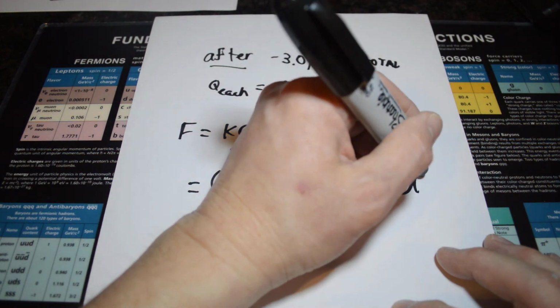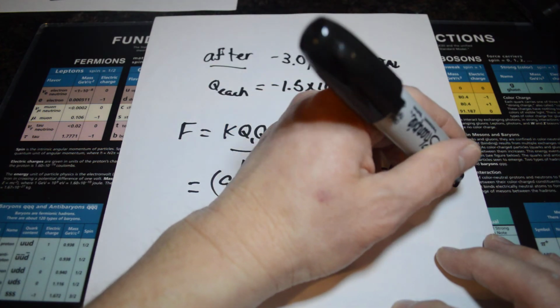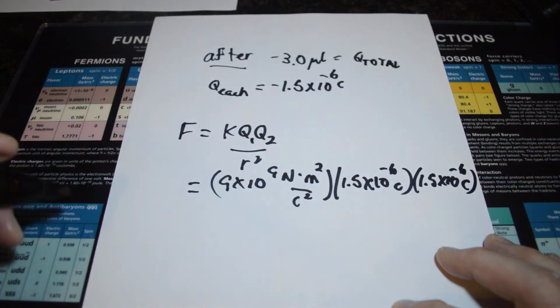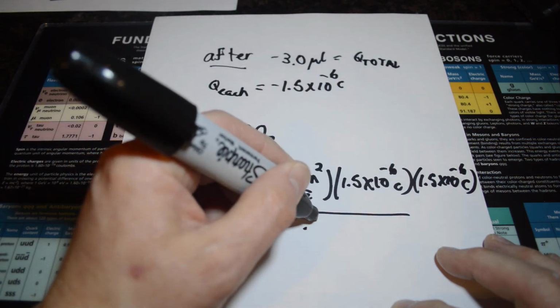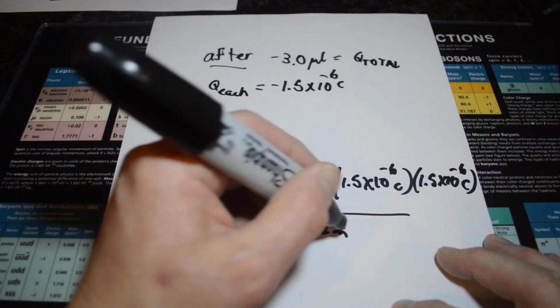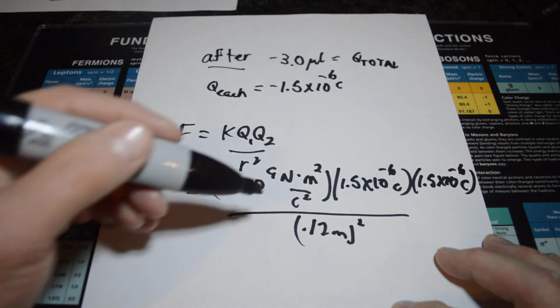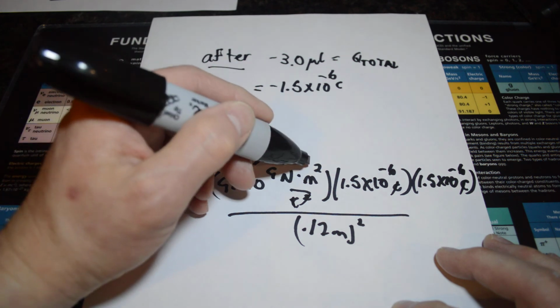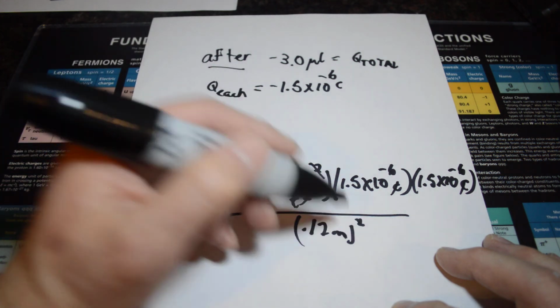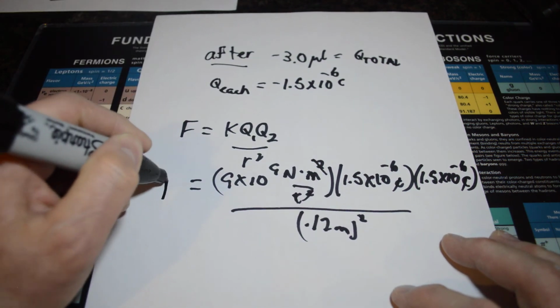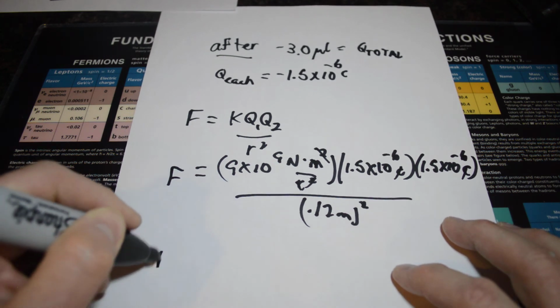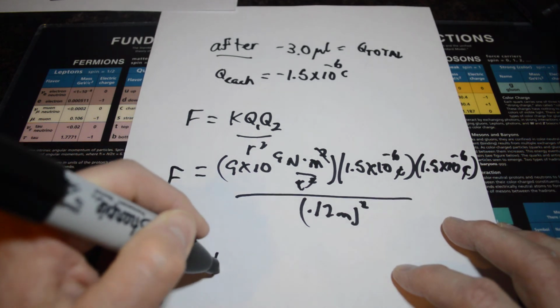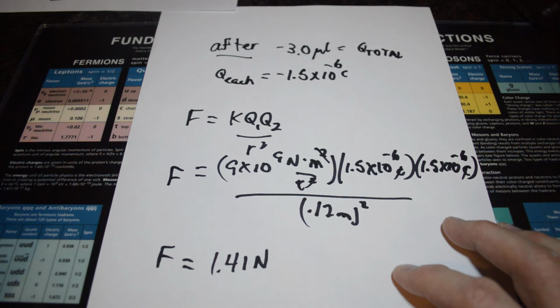And we're going to multiply by 1.5 times 10 to the negative 6 because they both have the same charge on each other. And then we're back to that same distance of 0.12 meters squared. You should see that the coulombs cancel, the meters squareds cancel, and all you're left with is newtons of force. But if you do the math on that, I got 1.41 newtons.